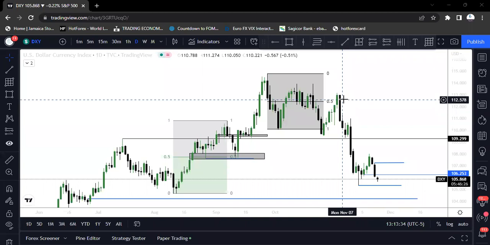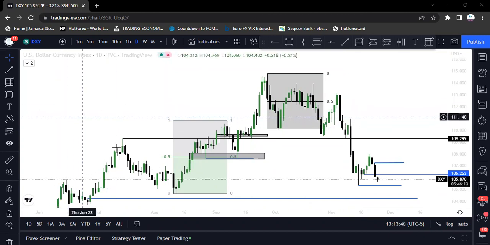What happens in New York? What happens if there's a larger range London session? What happens if there's a smaller range London session? You have to start looking at it from that perspective and then study it in hindsight. So yesterday there was a small range London, New York was what? And you write that down. And you keep writing it down, and eventually you should start seeing repeating patterns that help you to anticipate what should happen in New York.